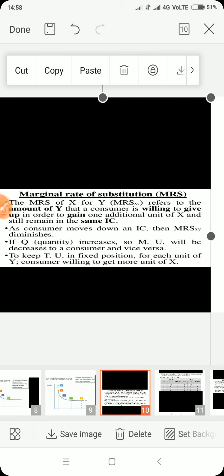That is the marginal rate of substitution. As the consumer moves down the indifference curve, the marginal rate of substitution diminishes. If the quantity increases, marginal utility will also decrease to a consumer, and vice versa. To keep total utility fixed, for each unit of Y given up, the consumer will have to get more units of X.